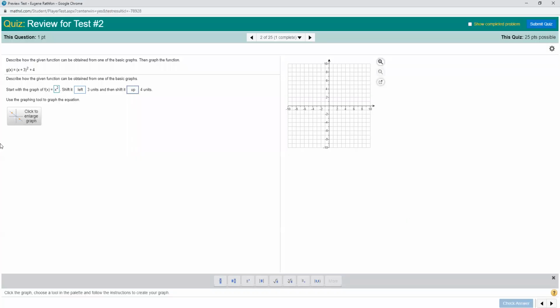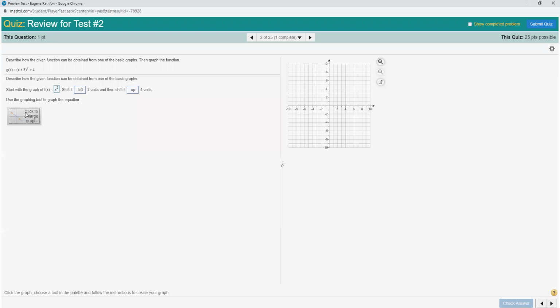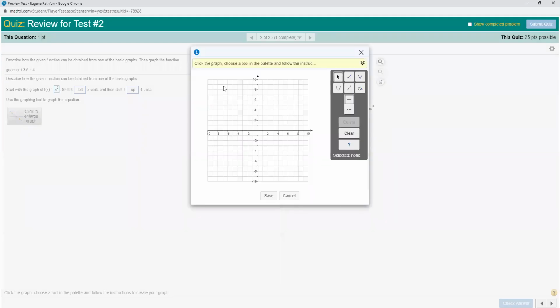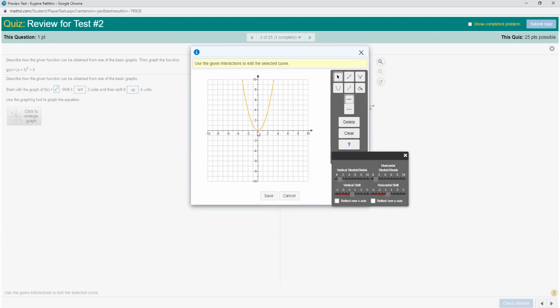So then we have to graph this. Now remember, what I'm going to do, since that's the x squared, you're going to use this quadratic tool right here for the x squared tool, and then click it right in the center. It'll draw a parabola. What we got to do is use these little shifters down here to move the graph.